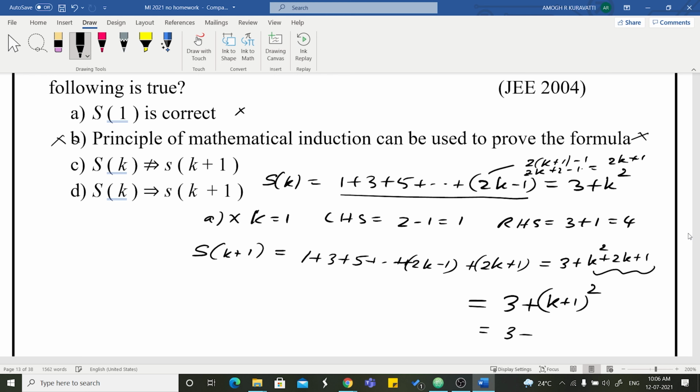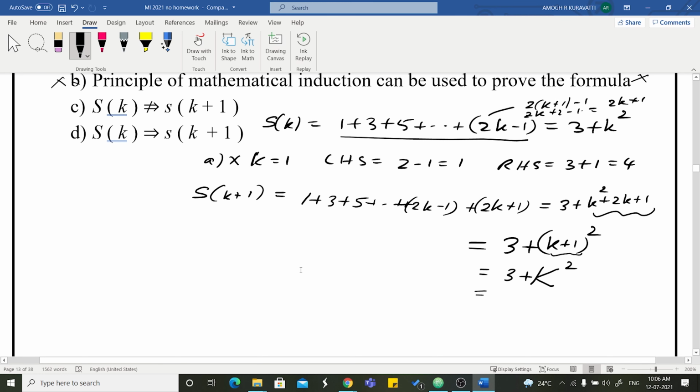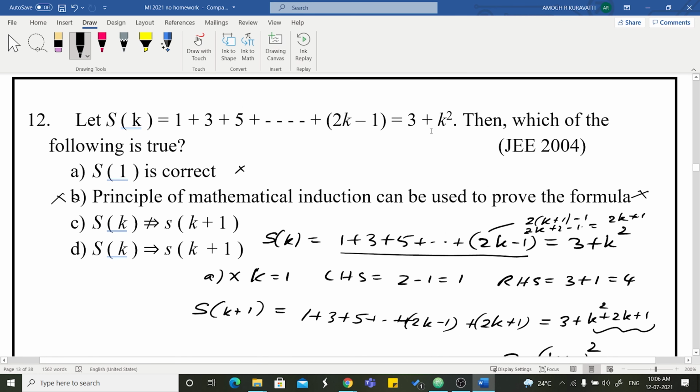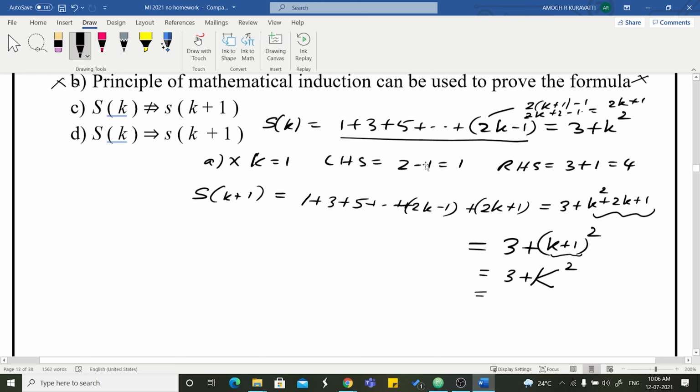Correct? 3 plus, put k plus 1, call it big K square. So here 3 plus k square is the value of S of k.